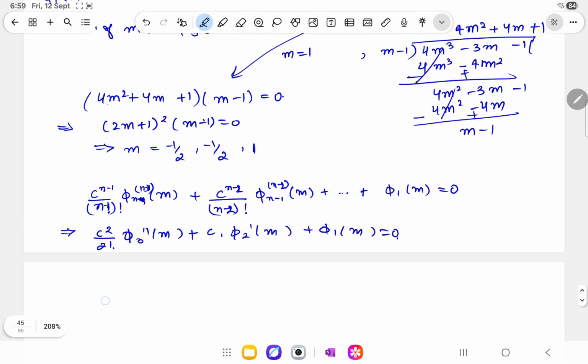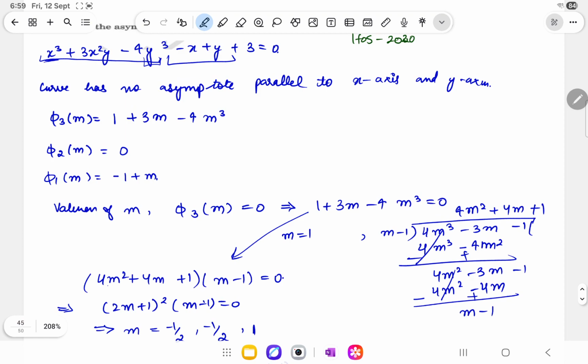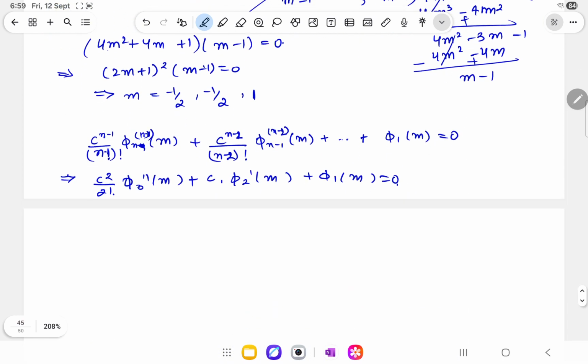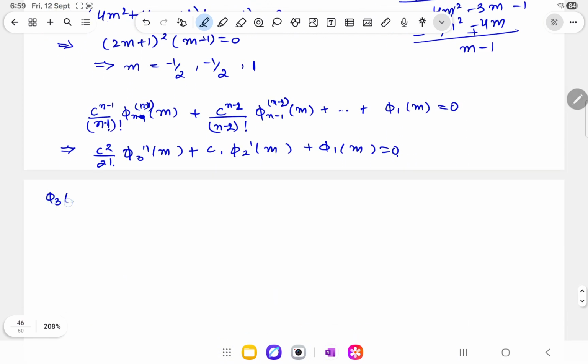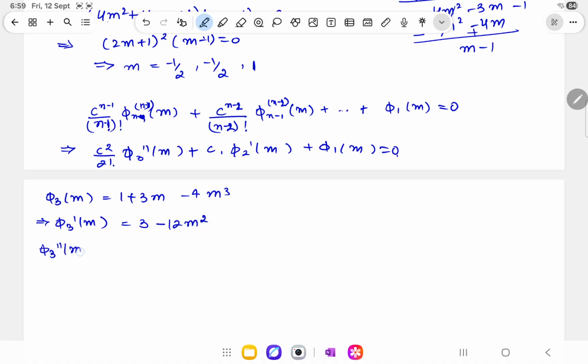But my phi 3m is 1 plus 3m minus 4m cube. So if I take its derivative, I'll be getting 3 minus 12m square, and its double derivative will be basically equals to minus 24m. Likewise, my phi 2m is 0, so its derivative will also be 0.